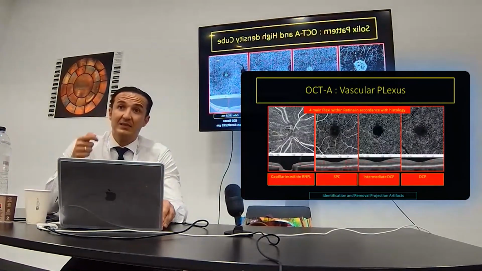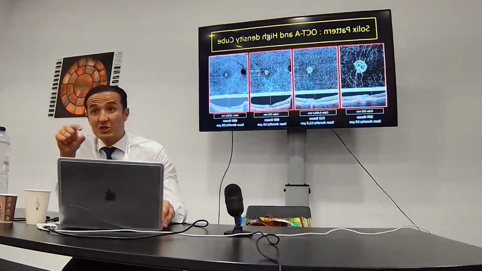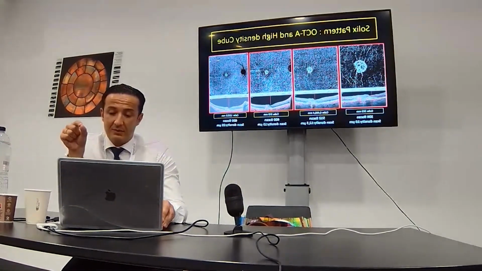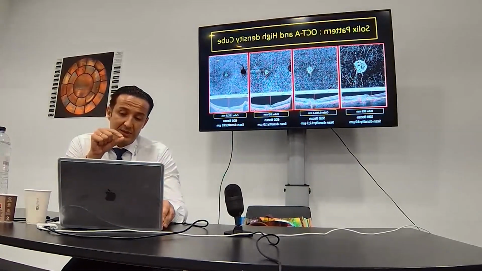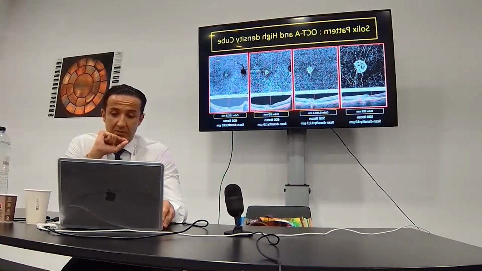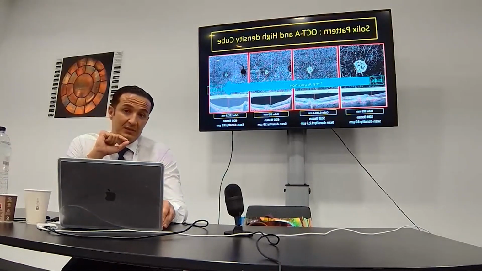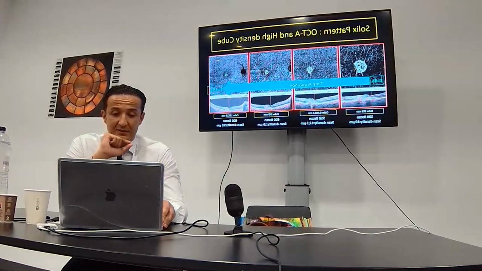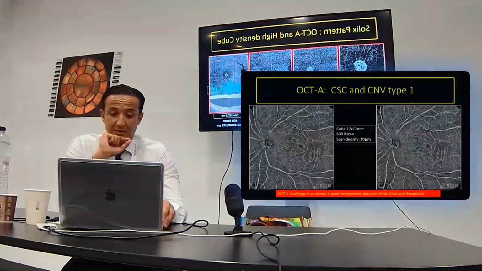And the scan density is the space between each B-scan, varying from 12 micron until 20 micron, and look at the acquisition time, 4 seconds until 50 seconds.